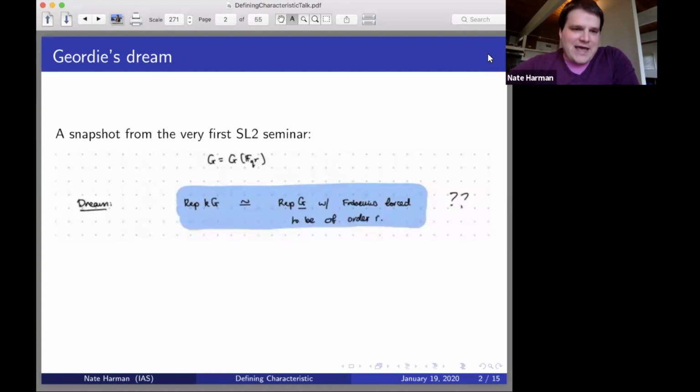G in this notation is the FQ or Q to the R points of an algebraic group.